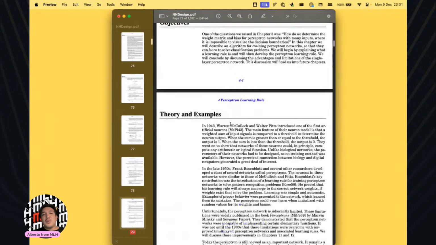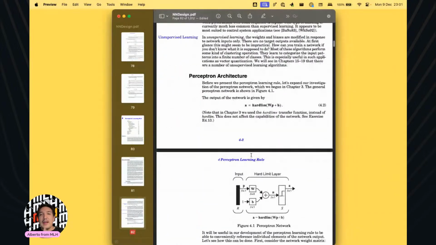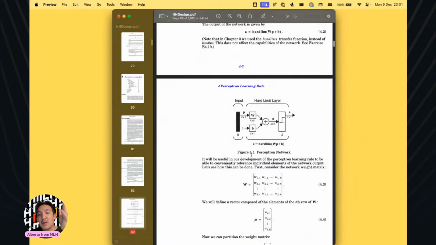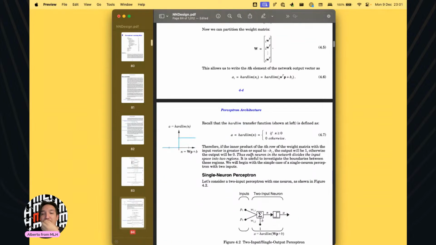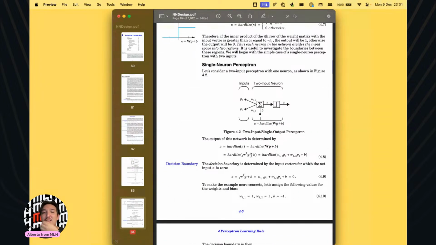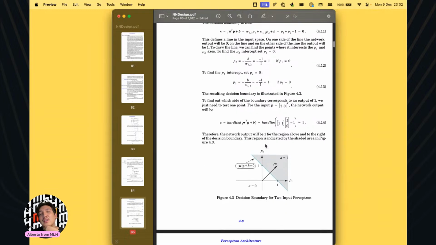So we need to move here to the next chapter, and we are going to remember the perceptron architecture, right? Some things I haven't mentioned. If you want to explore more about the perceptron, you can read this chapter in more depth.